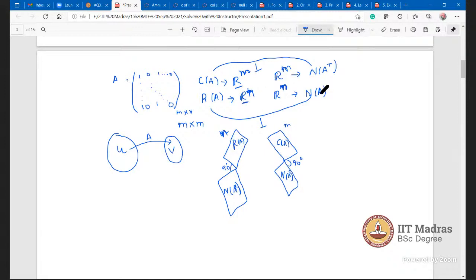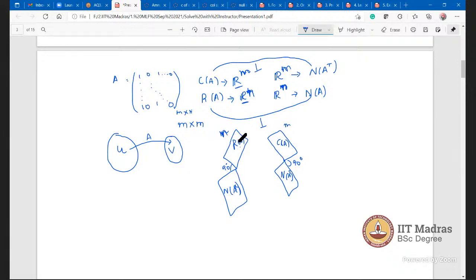And one more thing is when, yeah. The word orthogonal and orthogonal complement are one and the same, right? Yeah, they are same in the sense orthogonal is we are taking the dot products as 0. Orthogonal complement is, see, R of A and N of A are orthogonal complements.